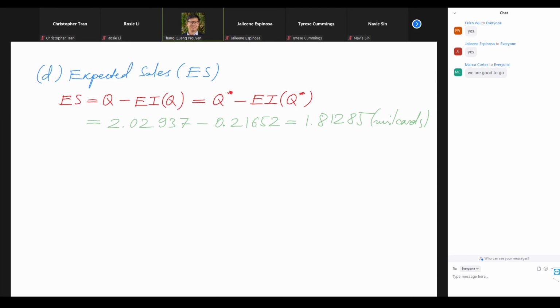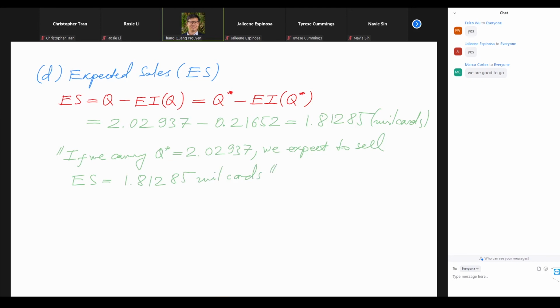So it means that if we carry Q star of 2.02937, then we expect to sell the ES of 1.81285 million cards.